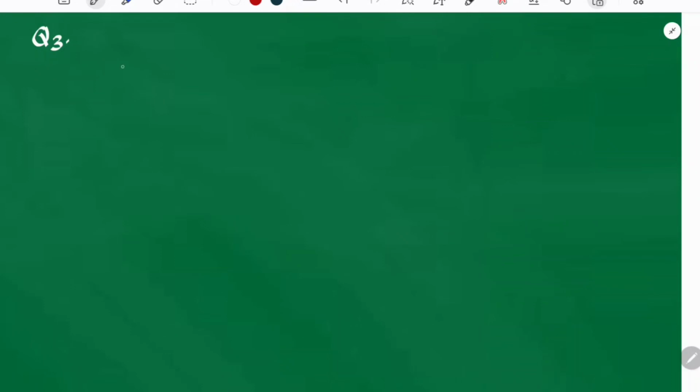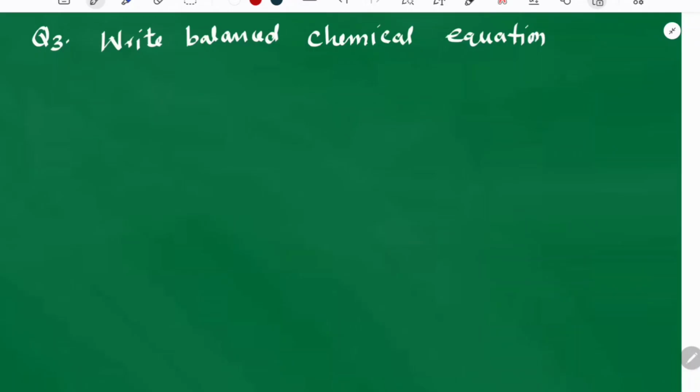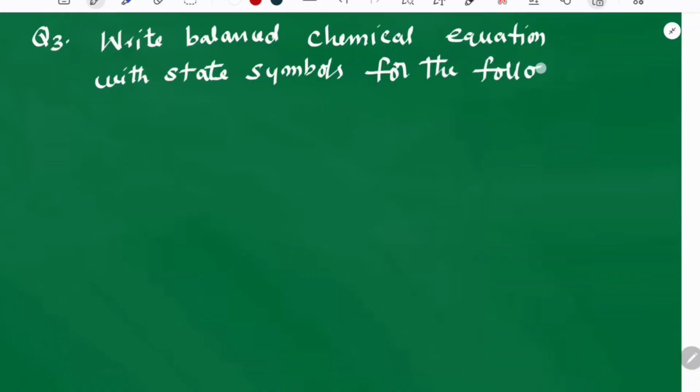Write balanced chemical equations with state symbols for the following reactions.